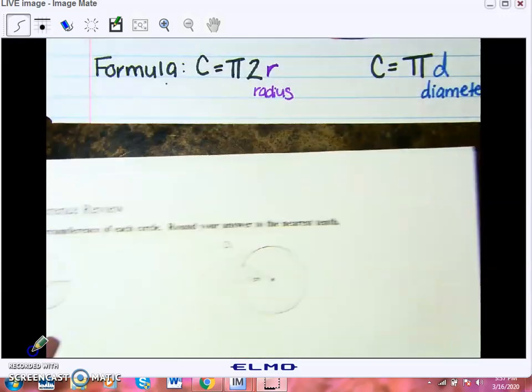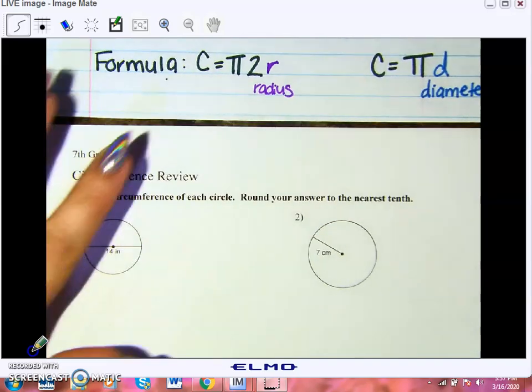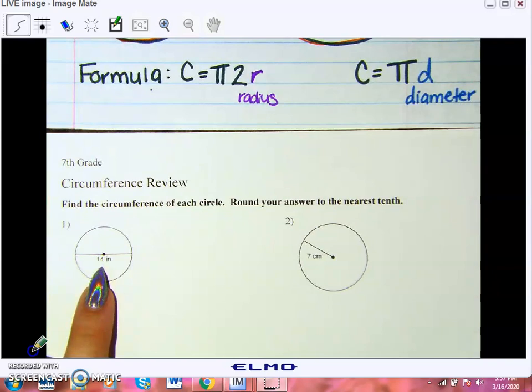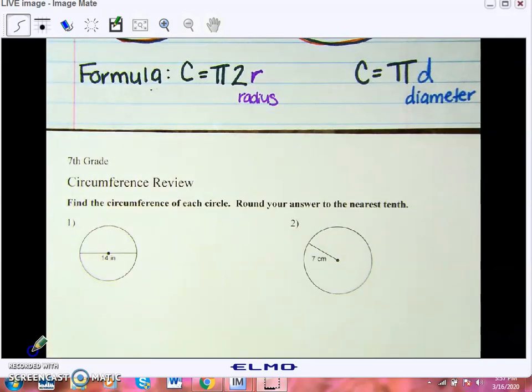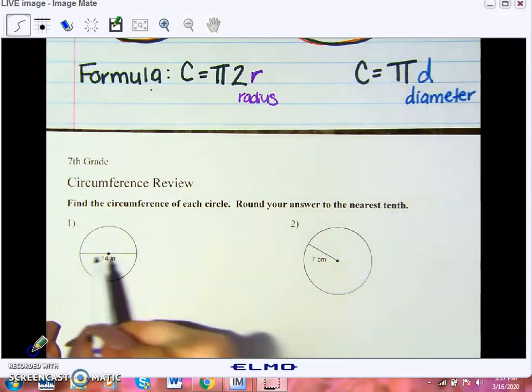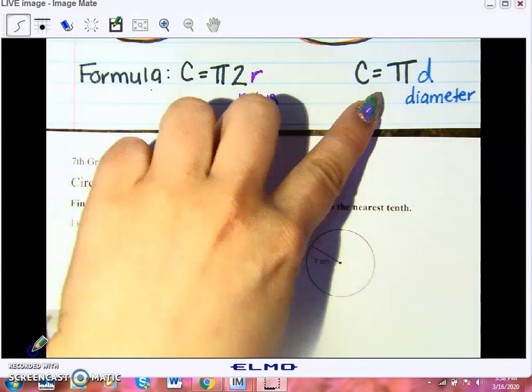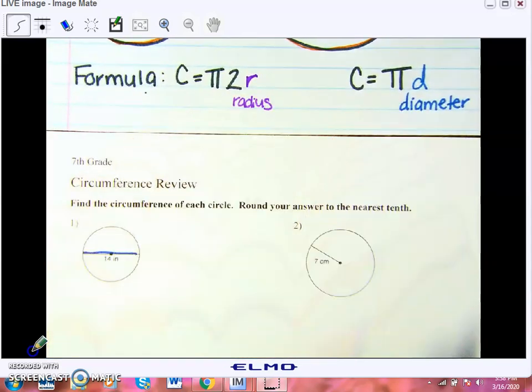Okay. With the first example, we're going to identify which part of the circle is actually given to us. So this one is 14, and the picture showcases that 14 is going all the way across that circle. So the diameter is given in this case, which means all I need to do is choose the formula that has diameter. Now in 7th grade, we're going to be using 3.14 for pi.